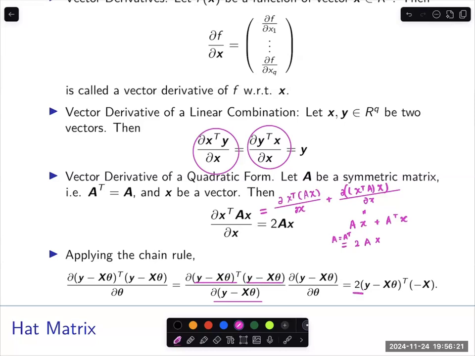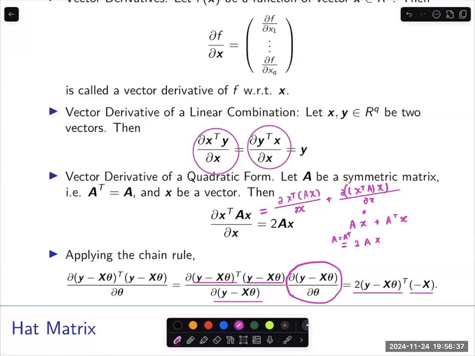That's the reason why we have 2 times y minus x theta transpose. And the partial derivative of y minus x theta with respect to theta is equivalent to minus x.